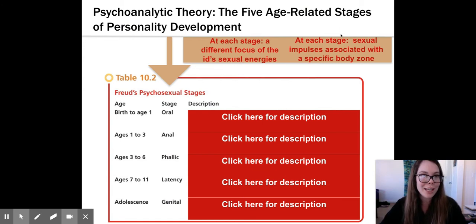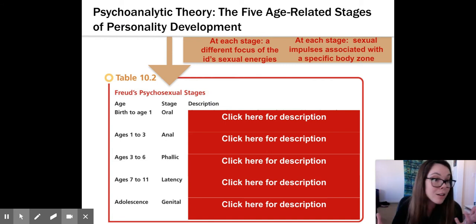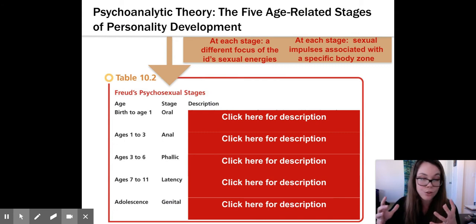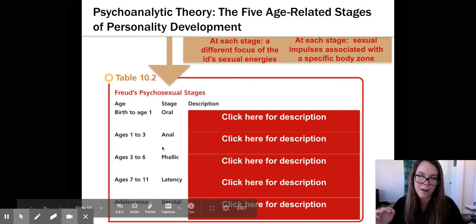At each stage, a sexual impulse is associated with a specific body zone. Freud studied his own children. He was very into the childhood development of personalities, and you could look into that all you want, but he created these five stages, and it's called Freud's psychosexual stages. Okay, and here they are.